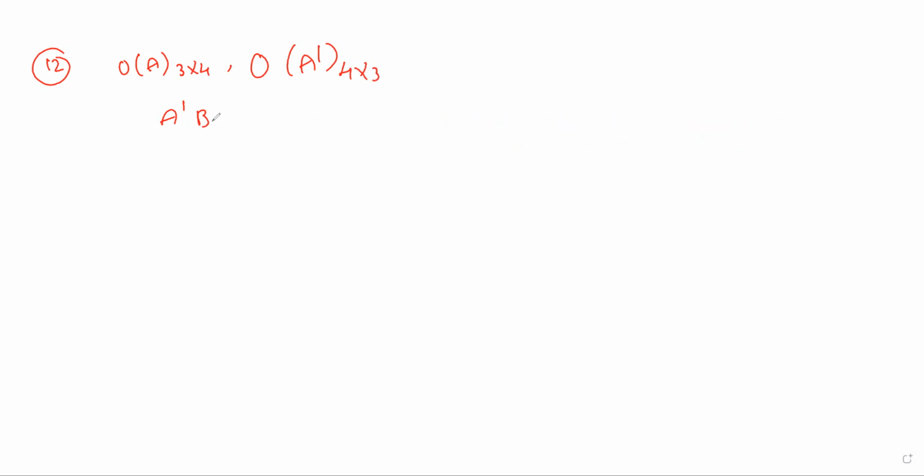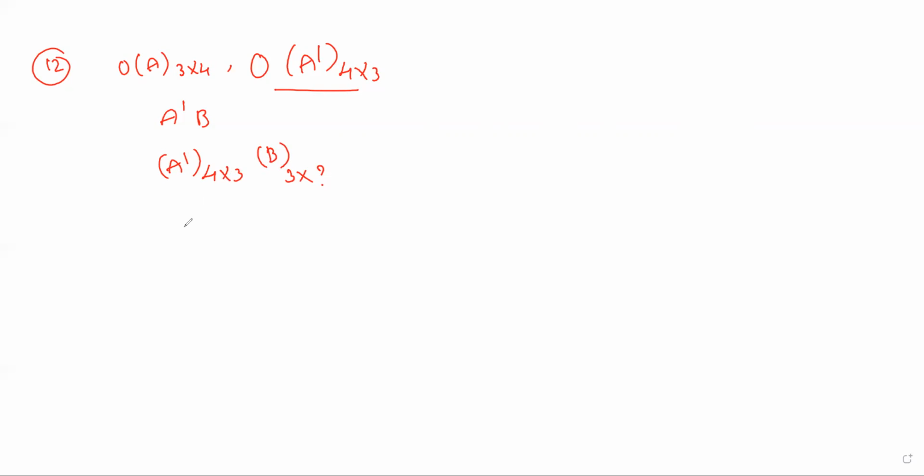And B A dash is also defined, and this is the order of A dash. Now the A dash order is 4 by 3. When the product of two matrices is defined, the number of columns in the first matrix equals the number of rows in the second matrix. That's why clearly we got the number of rows in the B matrix.